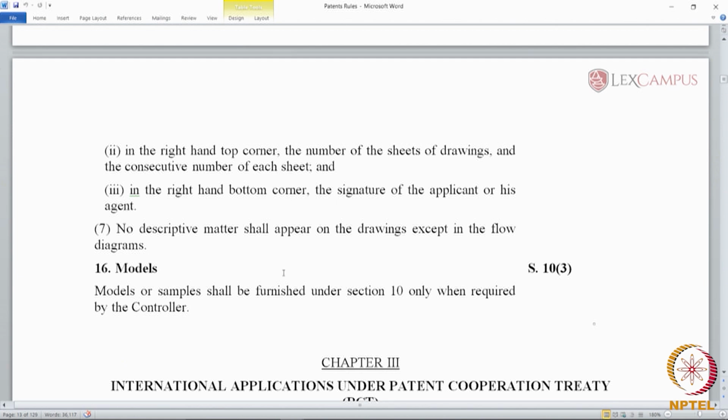No descriptive matter shall appear in the drawing except in flow diagrams. So, you cannot have any descriptive matter, any text which describes the drawing within the drawing, except in cases where there is a flow diagram, in which case you can have descriptive matter.